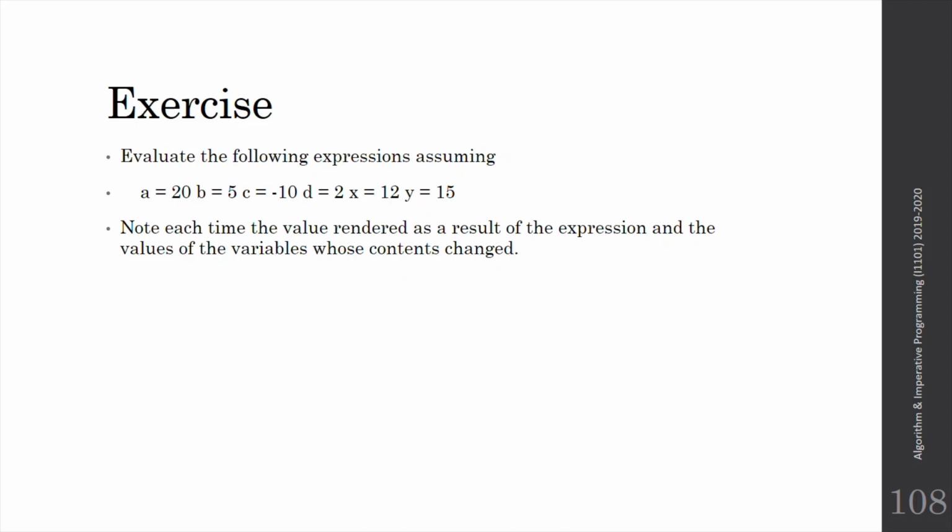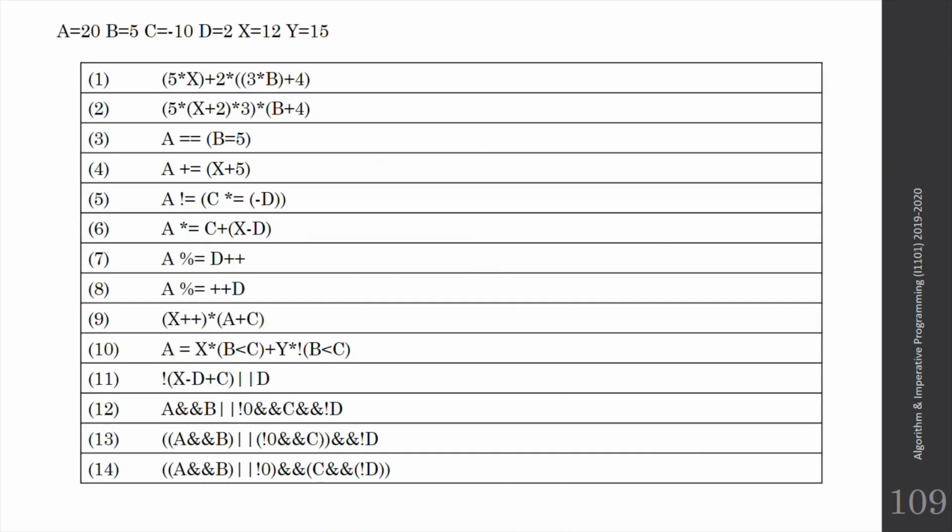So if the content of a variable has changed, we should give the new value. So let's start. I will not do all the exercises, I will pick some of them. So let's do the first one.